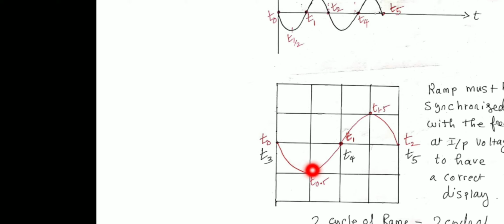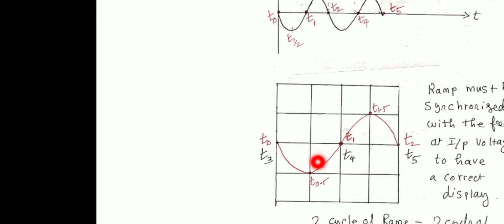And from here, how does the luminous spot reach time T1? At time T1, the horizontal deflection moves the spot towards the center of the screen and the vertical deflection also moves it to the center of the screen, in this path, okay?